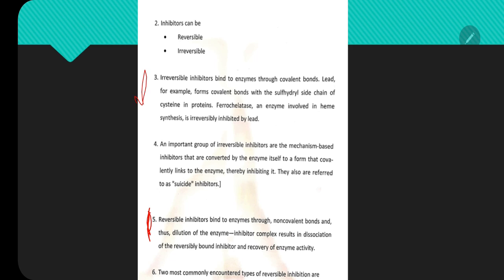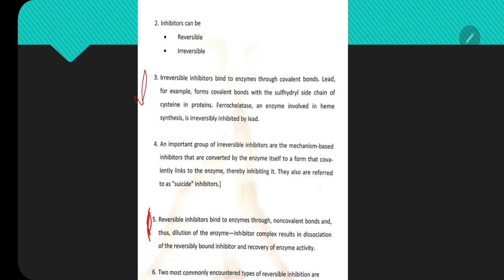The two most commonly encountered types of reversible inhibitors are these, in which they combine to the enzyme through non-covalent bonds, and as a result, there is dilution of the enzyme inhibitor complex that results in the dissolution of the reversibly bound inhibitors and recovery of the enzyme.